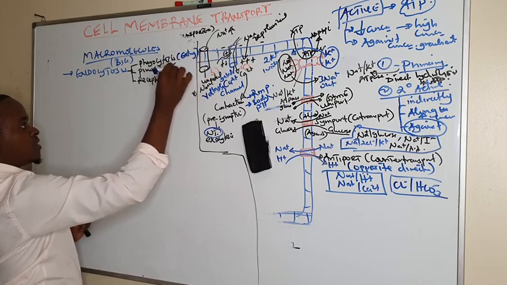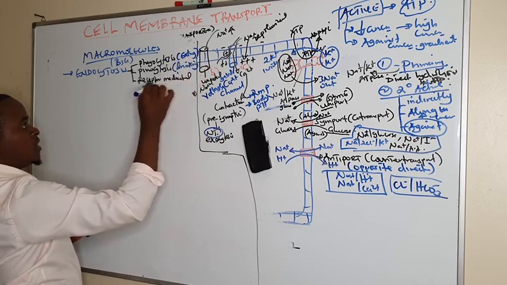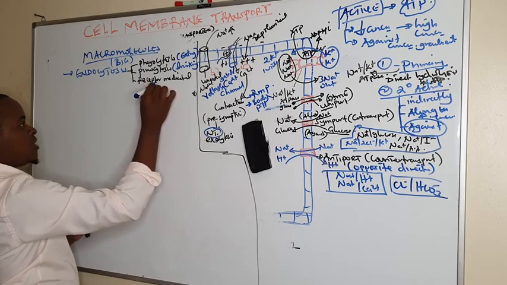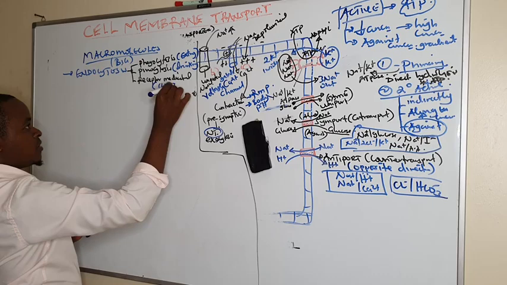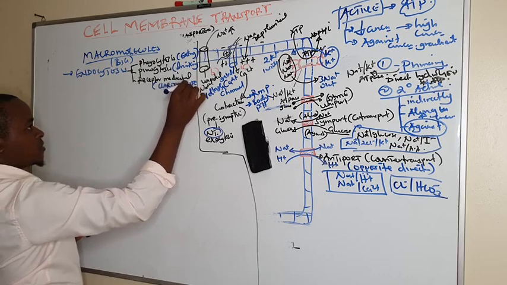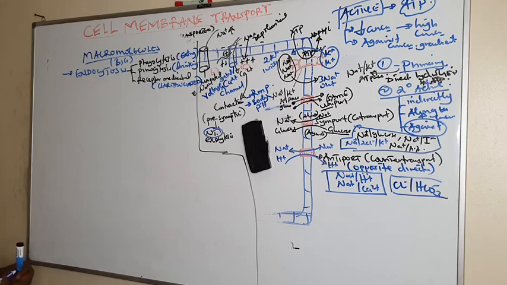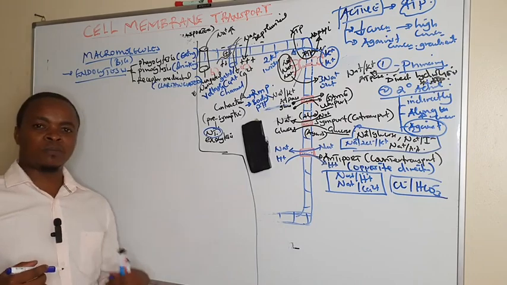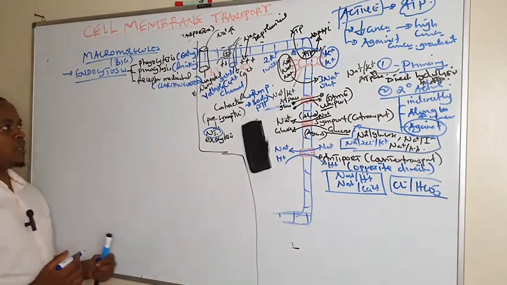Then pinocytosis is cell-drinking. And here, as receptor-mediated, we are using clathrin-coated pits. So these are different types of endocytosis. Endo means we are moving substances from outside the cell to inside the cell.